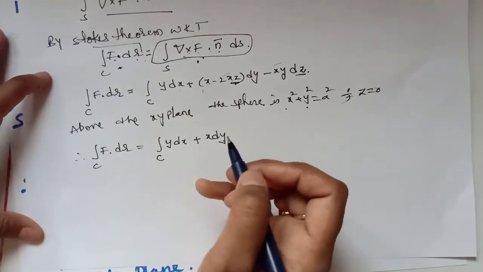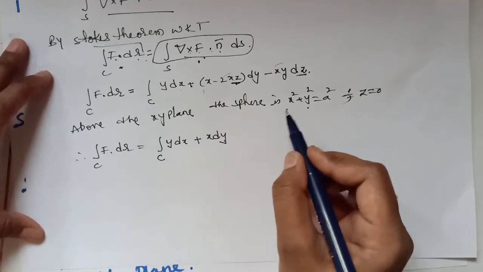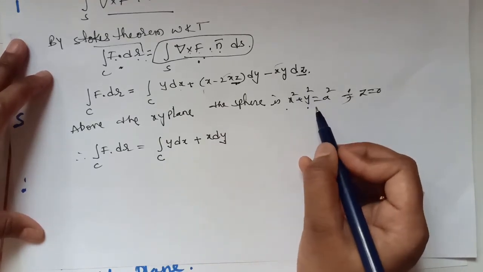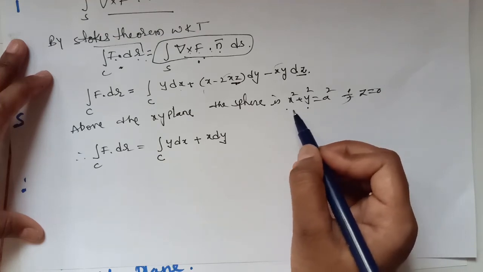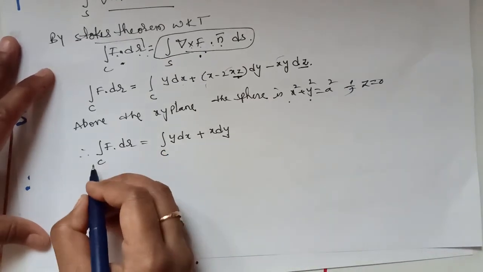In the last session, in the line integral session, we discussed that when you want to evaluate the integral along the circle, you have to take x is equal to a cos theta, y is equal to a sin theta.